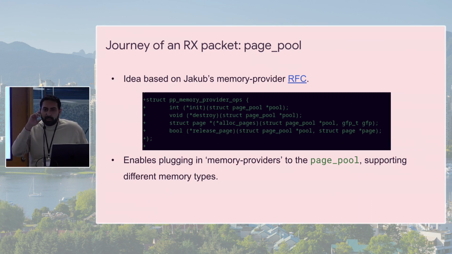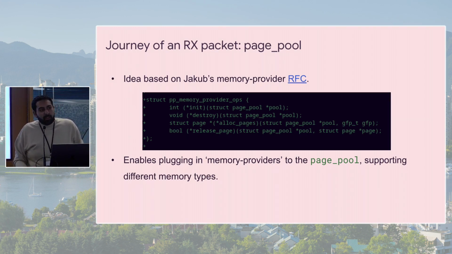When the driver needs a page for an incoming packet, it'll ask the page pool for a page. The page pool can, of course, recycle a page if it already has an available one, but if it doesn't, it'll normally go to the buddy allocator to allocate new memory. Instead, with this memory provider, you can plug in different memory providers that can provide different kinds of memory.